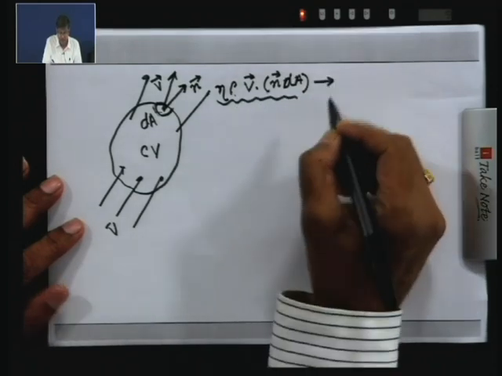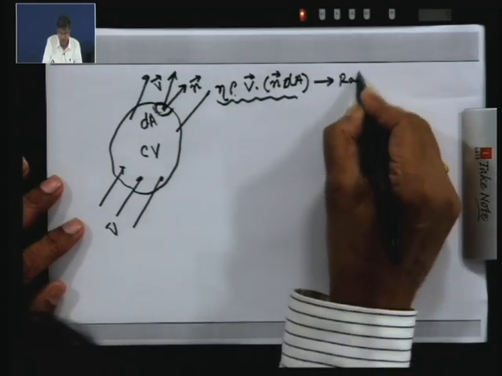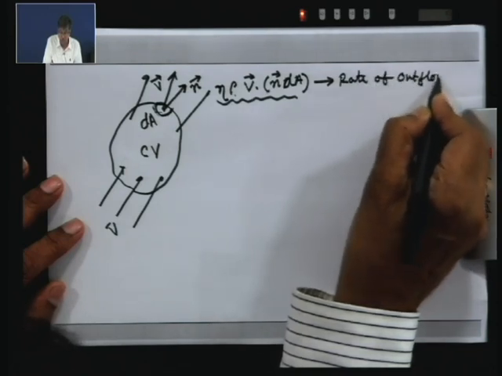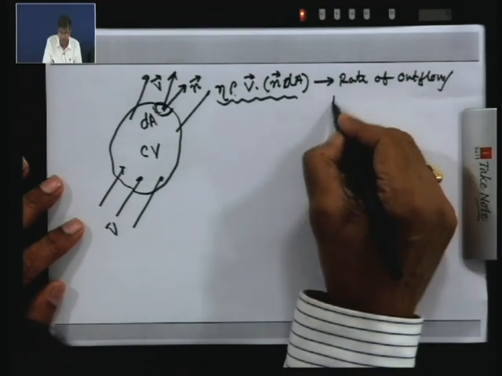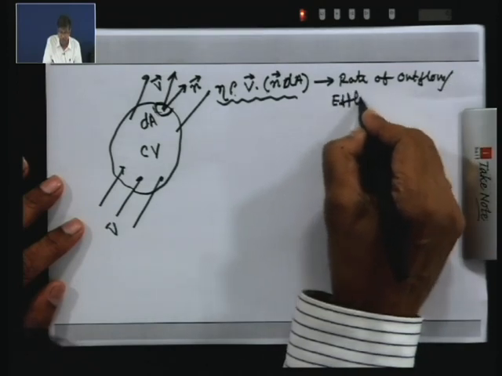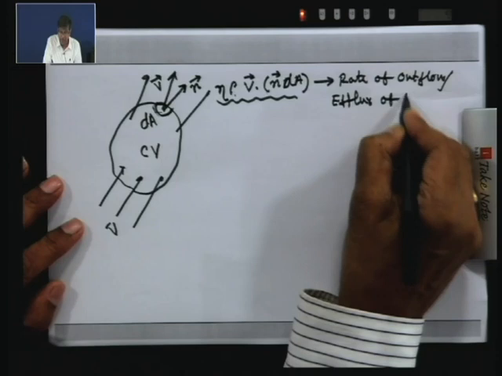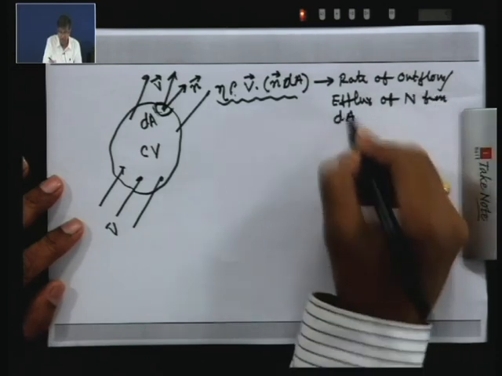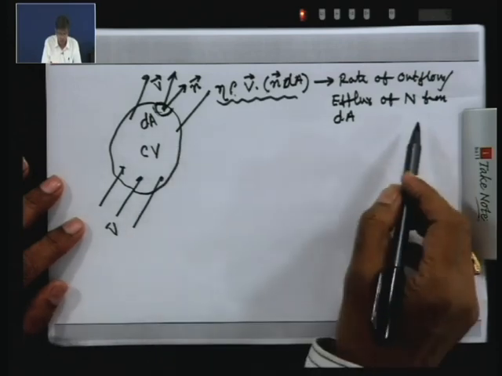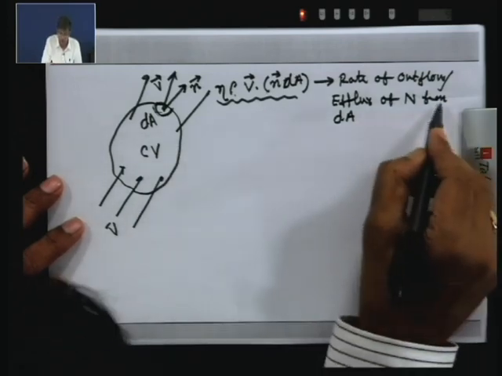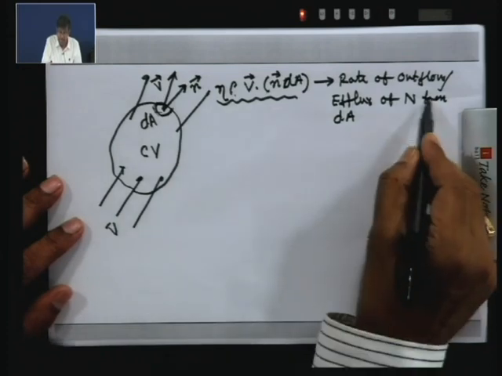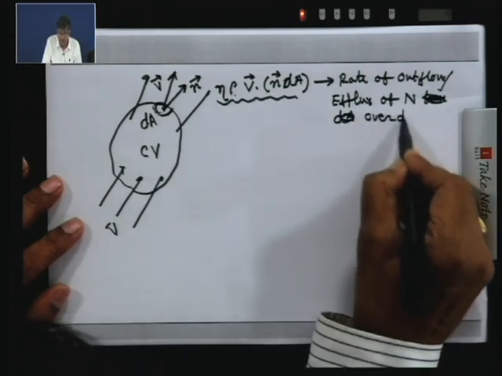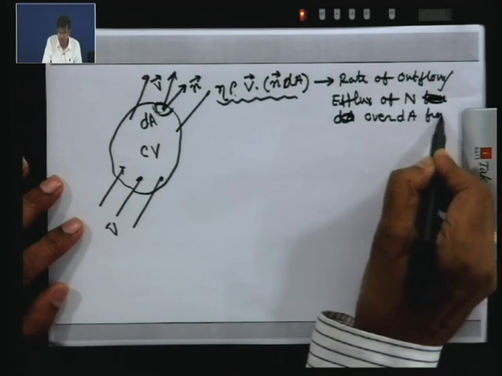It indicates the rate of outflow, or rate of efflux, same thing, of n over the area dA from the control volume.